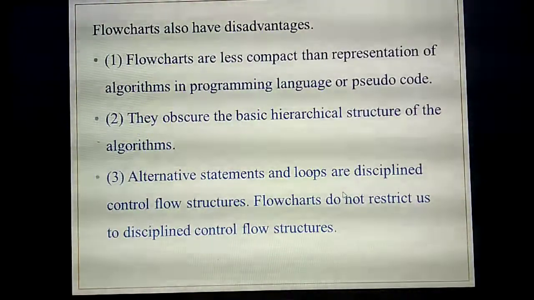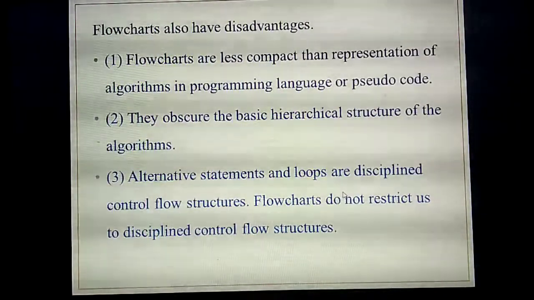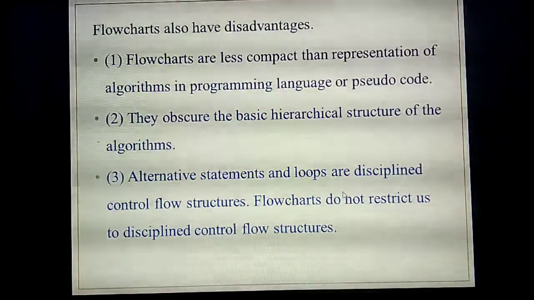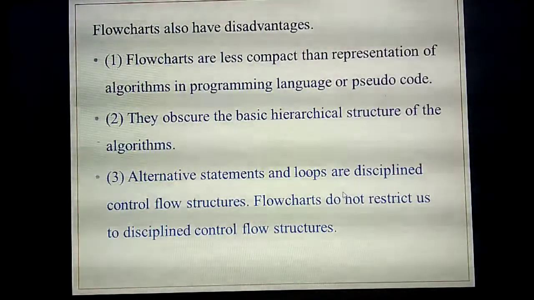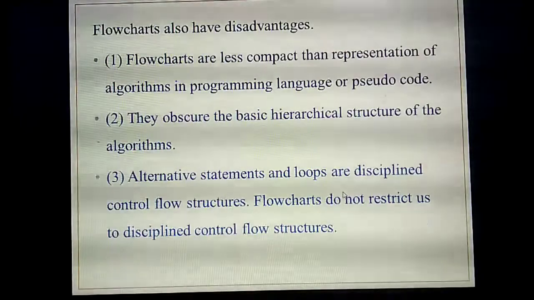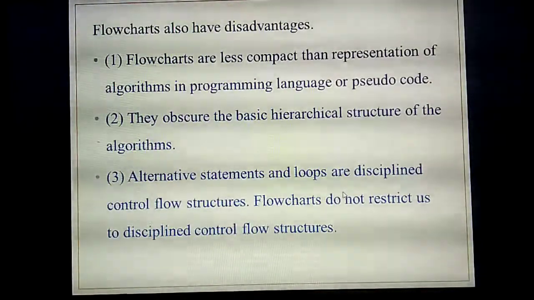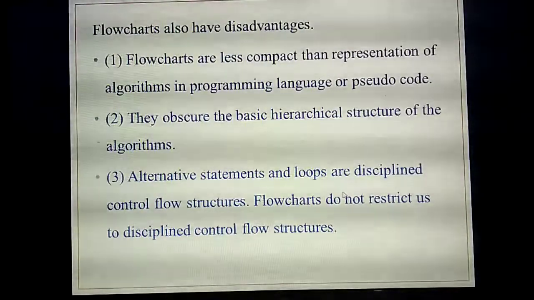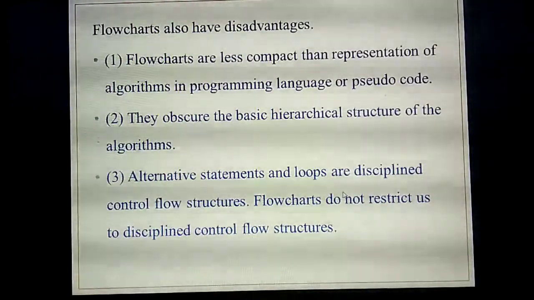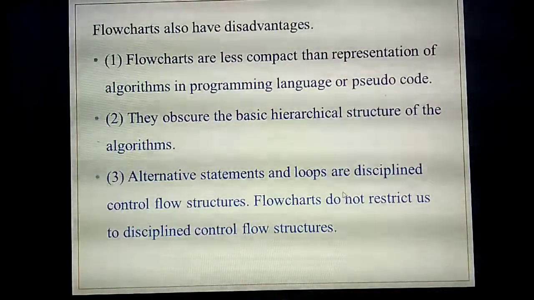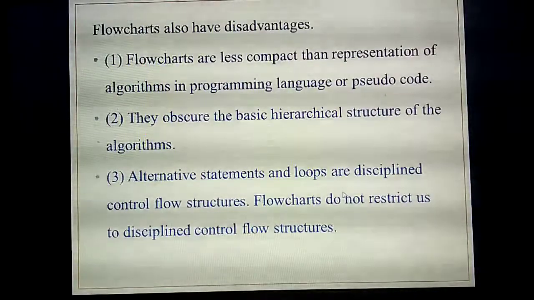Compared to programming language and pseudocode, the efficiency of flowcharts is very low. Also, the structure of the algorithm is not well represented in a flowchart. Hierarchical structure: what do you mean by hierarchical? Just like a tree, first statement, then second statement, third statement. That hierarchical structure also cannot be obtained in the correct manner.